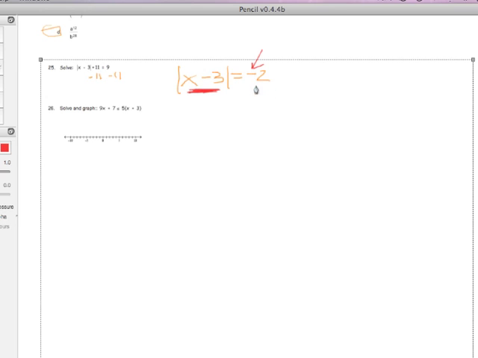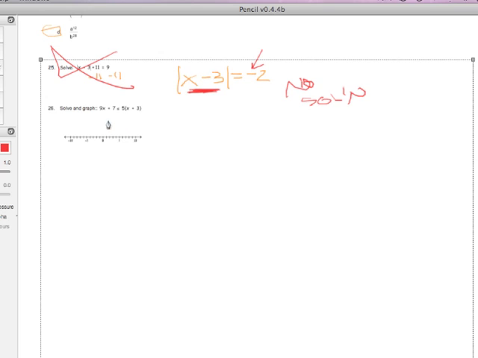Nothing. So as soon as you isolate your absolute value term on one side, and that's equal to negative anything, your answer is no solution. And you can even cross it out like that.